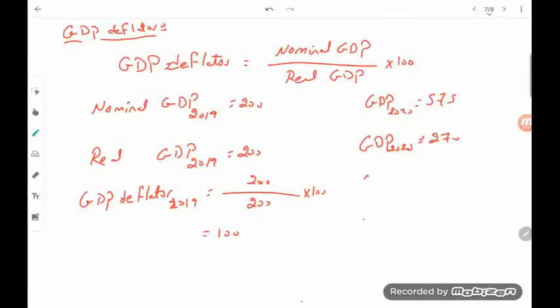And with respect to year 2020, it will be nominal GDP for year 2020, which is 575, divided by real GDP, which is 270, multiplied by 100.